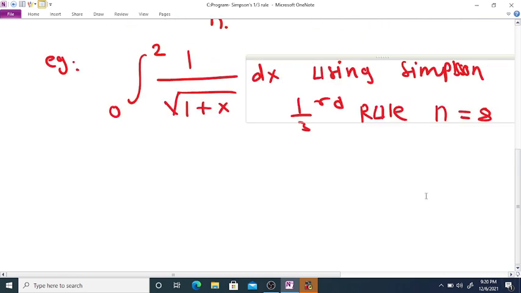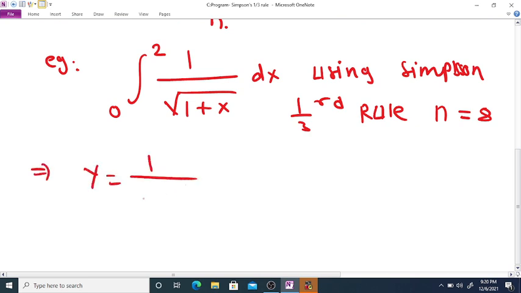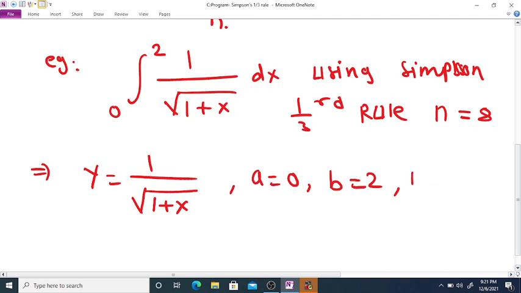So here f of x is equal to, now given y is equal to 1 divided by under root of 1 plus x, a is equal to 0, b is equal to 2 and n is equal to 8.